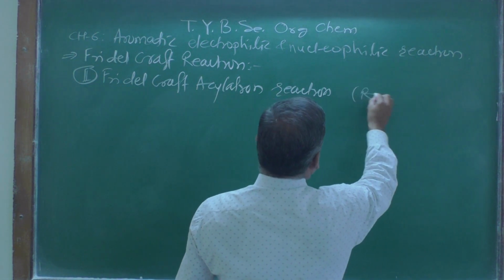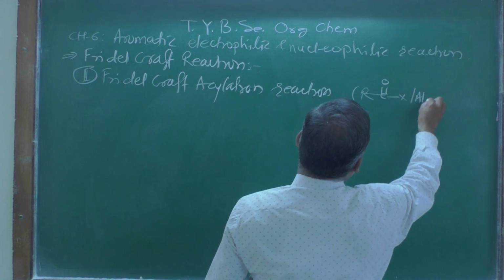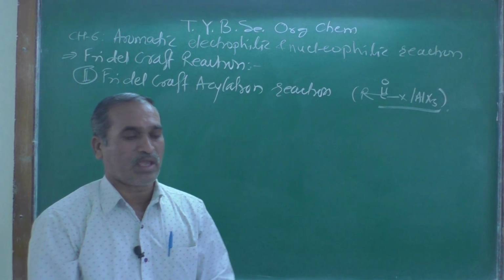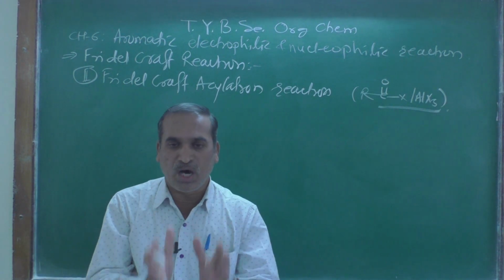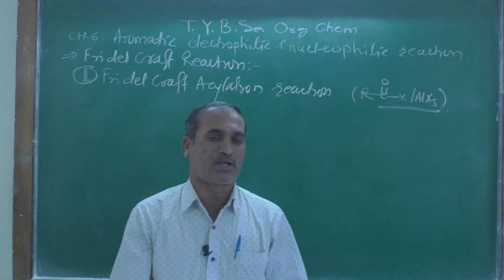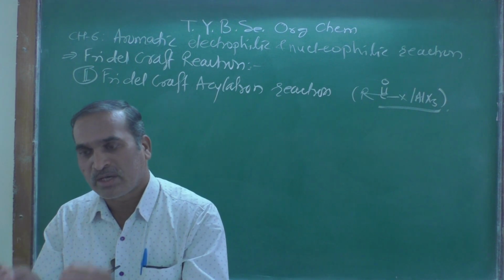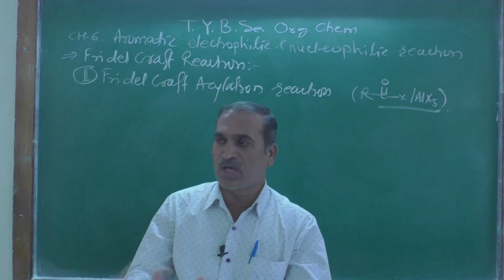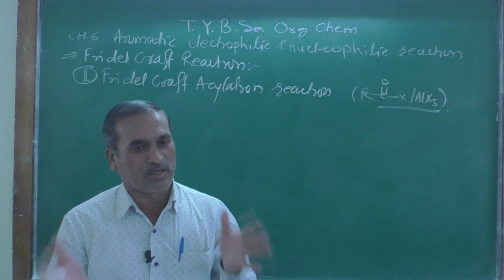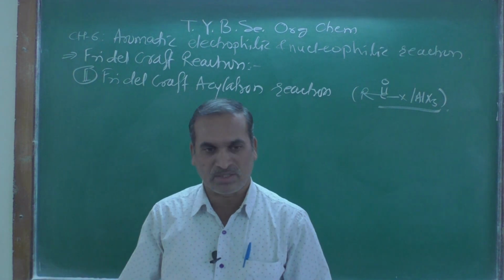We are going to introduce the acyl group in the presence of, again, AlX3, a Lewis acid. Without the Lewis acid there is no Friedel-Crafts reaction, and therefore the Lewis acid is essential to carry out the reaction, either Friedel-Crafts alkylation or Friedel-Crafts acylation.